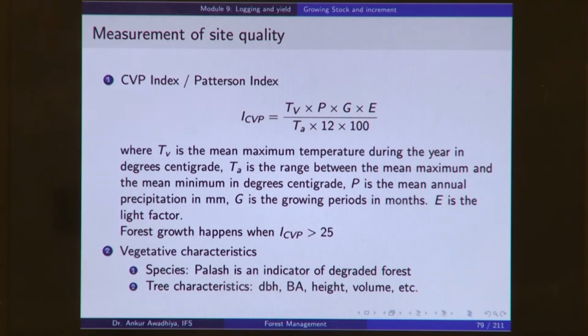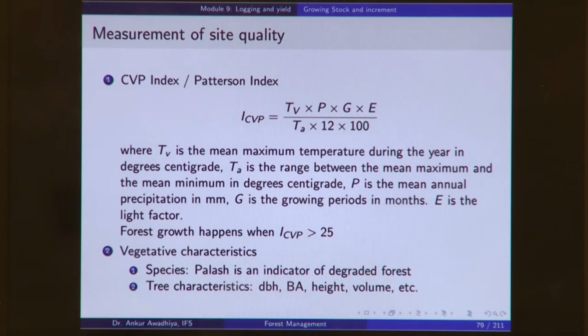Another is through the use of vegetative characteristics. So, if you go to a forest area and you see that this forest area is full of palash trees, in that case you can conclude that, because Palash is an indicator of a degraded forest, this forest is not having a good site quality, because if it had a good site quality, then probably it would have been able to support other species other than Palash.